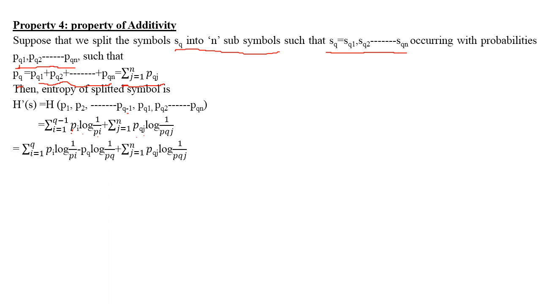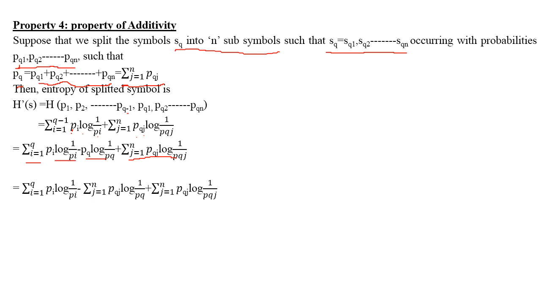If we try to rearrange the above equation, we'll get summation i is equal to 1 to q of pi log 1 by pi minus pq log 1 by pq plus summation j is equal to 1 to n of pqj log 1 by pqj. We'll try to simplify this further. So we'll get summation i is equal to 1 to q of pi log 1 by pi minus summation j is equal to 1 to n.